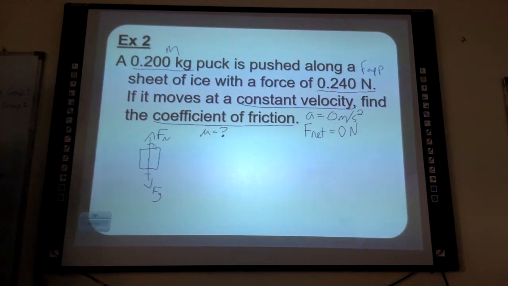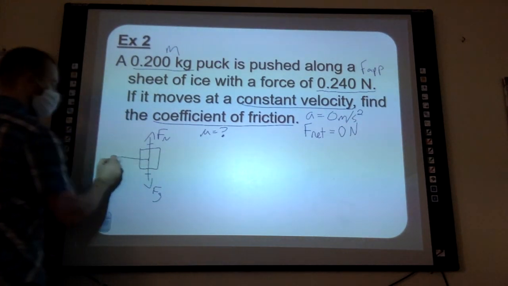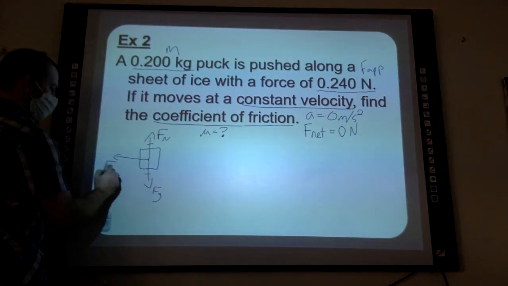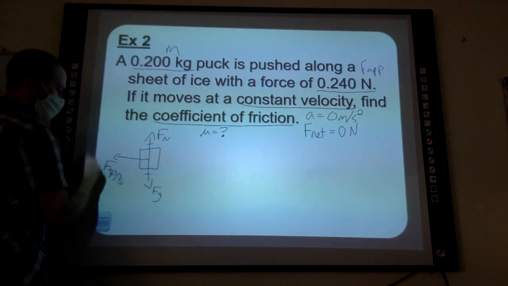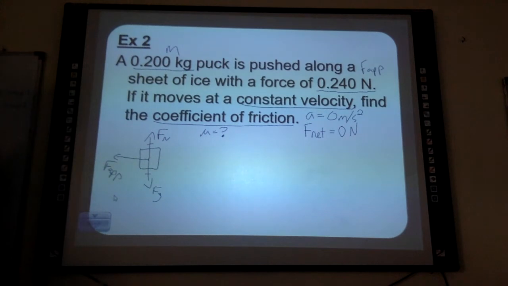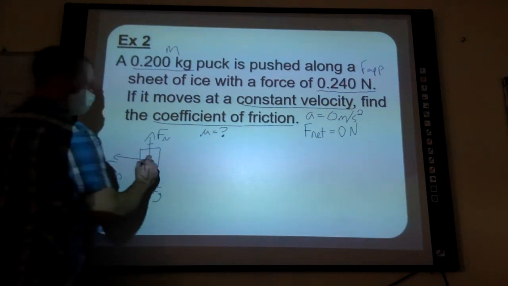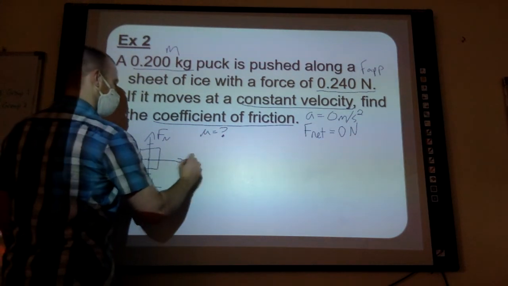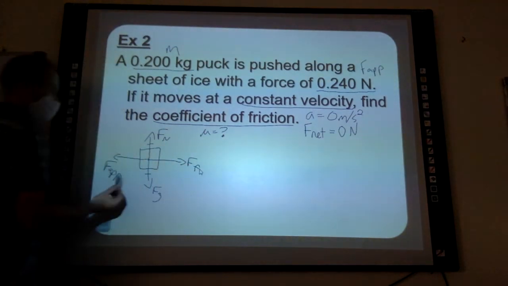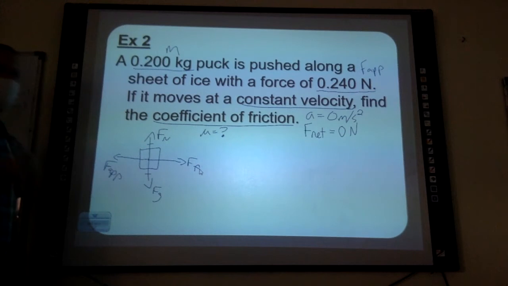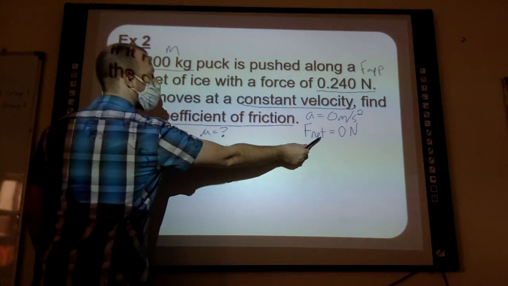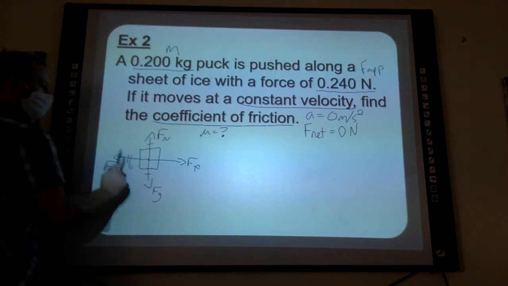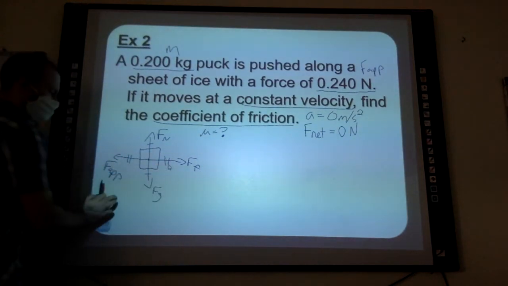All right, so we got a force applied. Just to mess with you, let's do force applied in this direction. Really doesn't matter. And a friction force. So which one's bigger, force applied or force of friction? They're the same. Remember we said F net is 0, so this force has to equal this force.